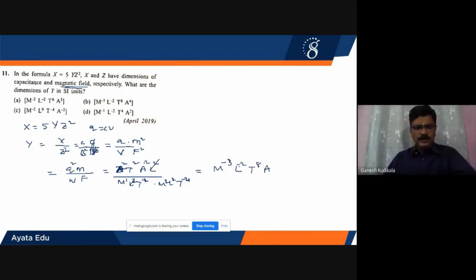And current to the power of 2 plus 2 will become 4. So there is M to the power of minus 3, L to the power of minus 2, T to the power of 8, and A to the power of 4. So actually this B option is correct. Thank you, children. We'll stop here.